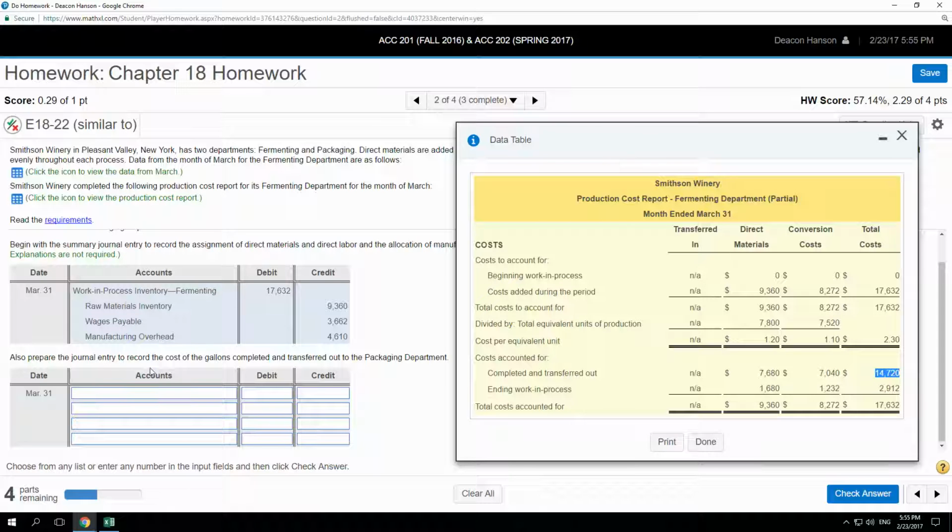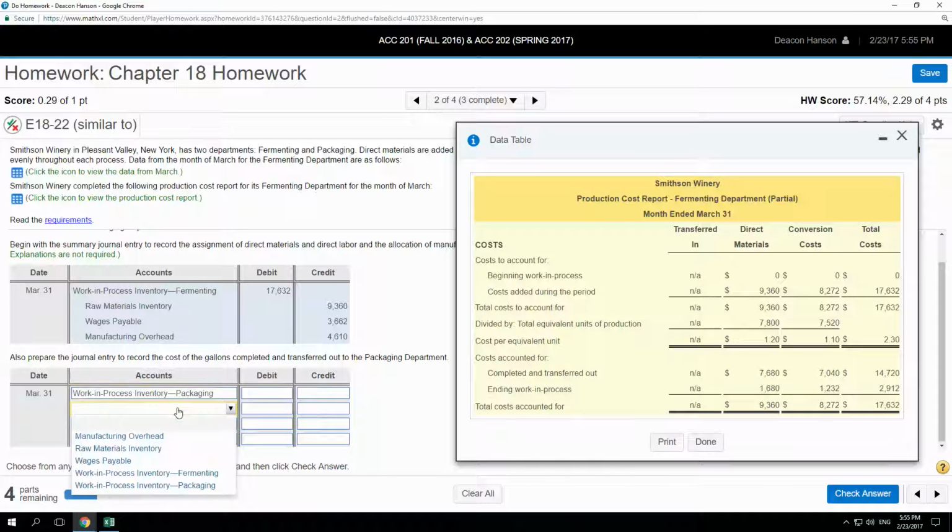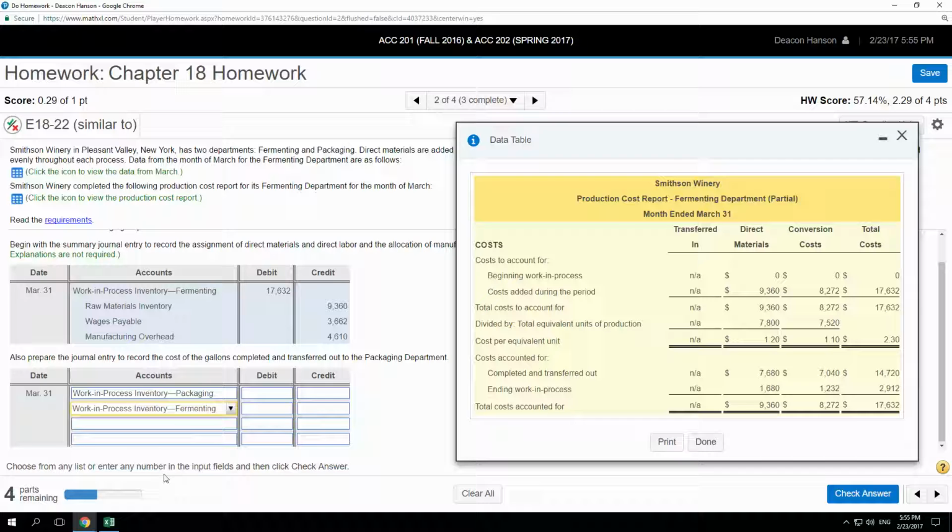Packaging. They call it the packaging department. We're going to debit the work in process inventory packaging, and we're going to credit work in process fermenting. So we're taking it out of fermenting, and we're putting it into the packaging department.